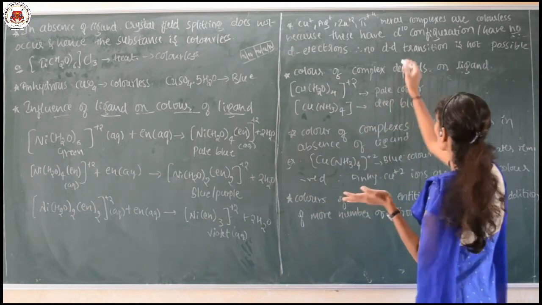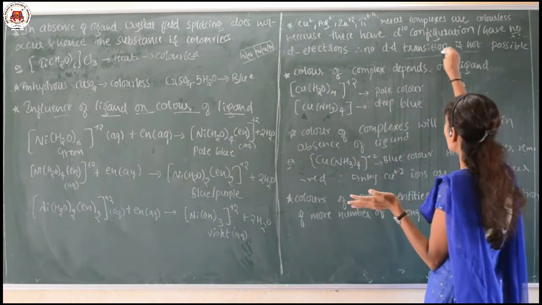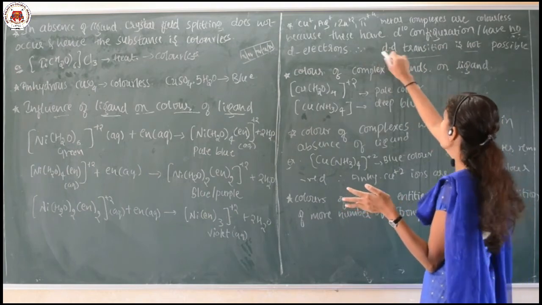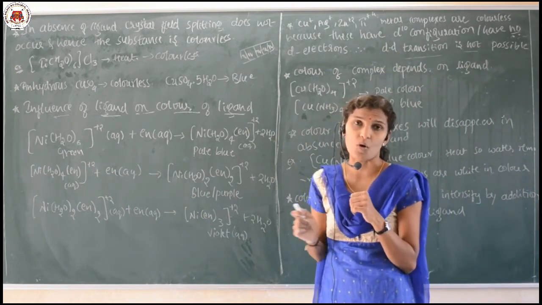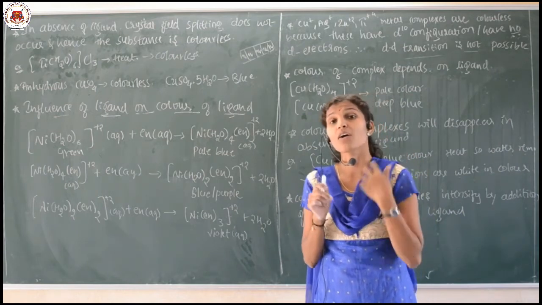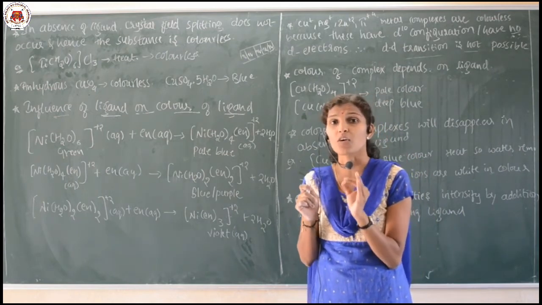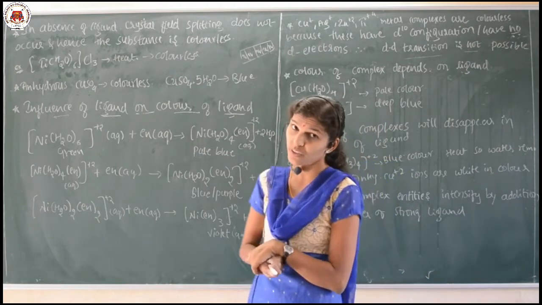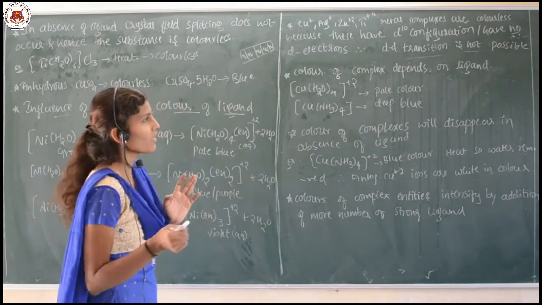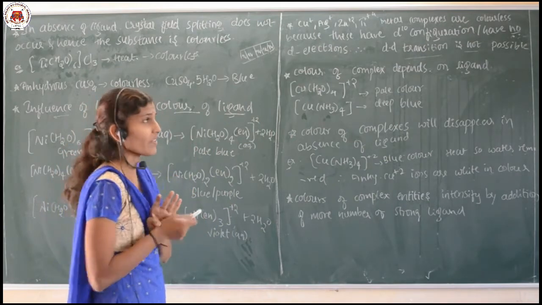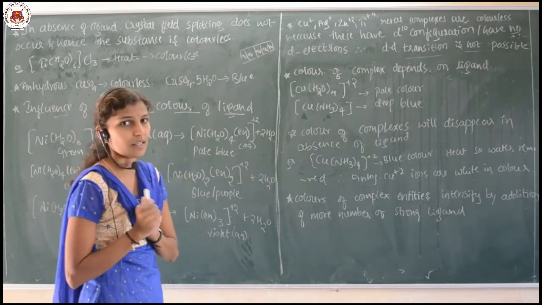Yes or no? So dd transition is not possible in such metal complexes, because they have the completely filled d10 configuration. So no dd transition takes place, and those act as colorless.